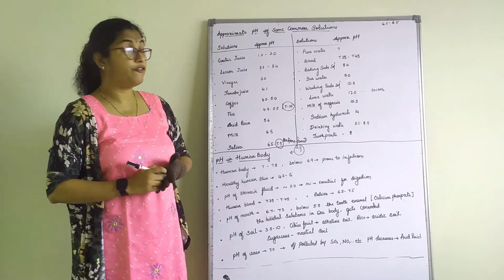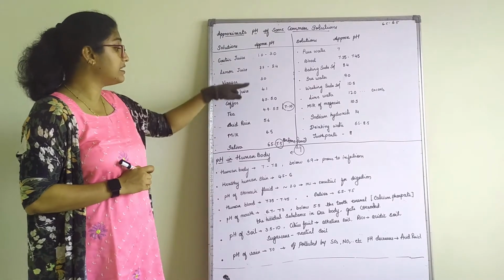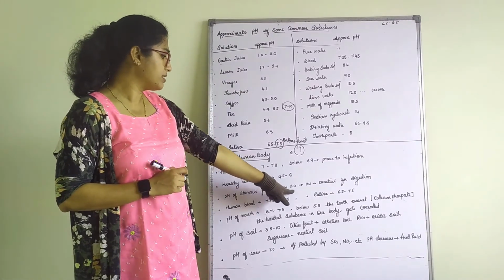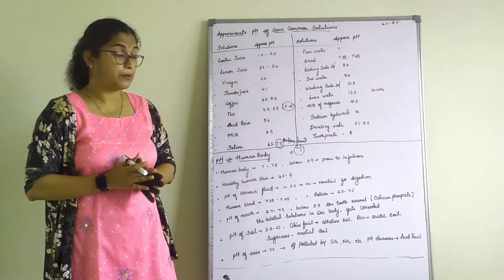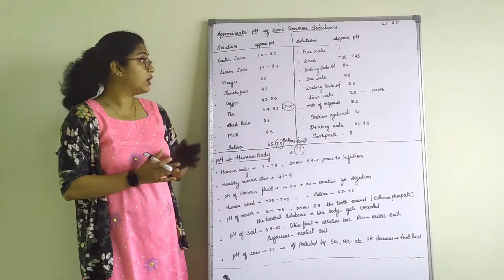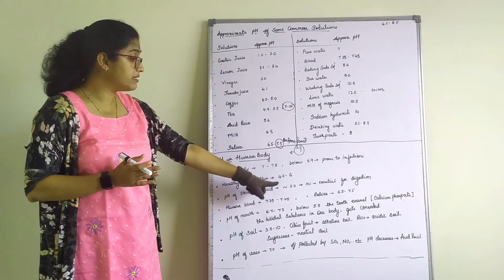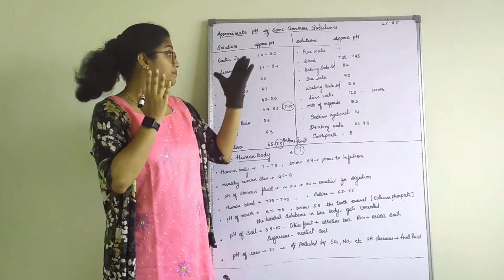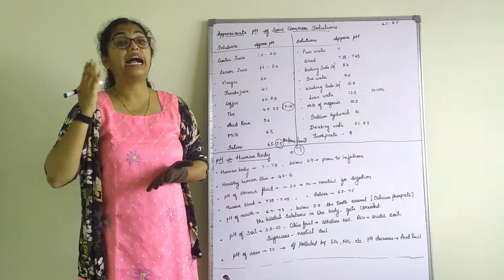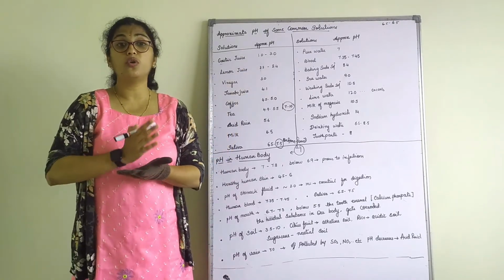The pH of stomach fluid, what we discussed here, should be approximately 2, between 1 to 3. That means at 2 it is highly acidic. It is so very acidic.